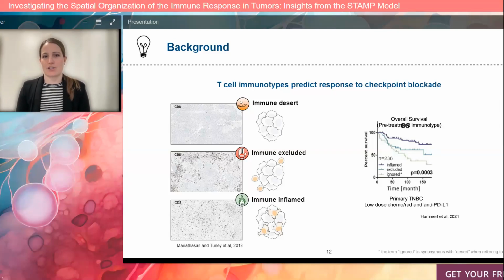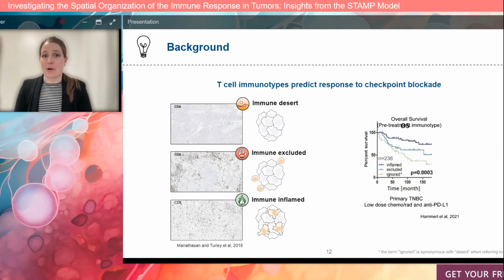So you can see that patients with immune-inflamed phenotypes, and that's shown here in the purple, have better outcomes and better response to cancer immunotherapy compared to patients with excluded or ignored tumors, which ignored is another way to call a desert. So that's shown in the blue and the green below.